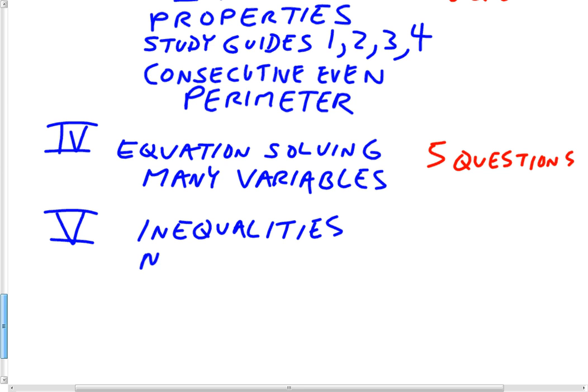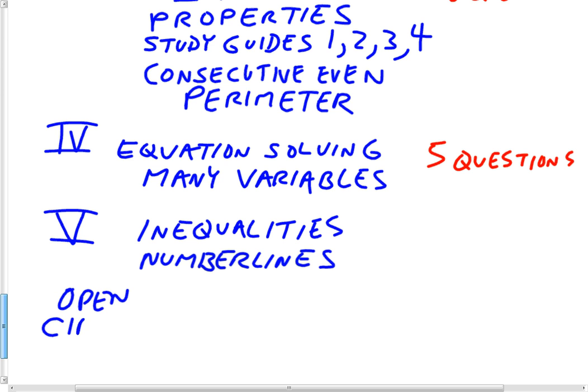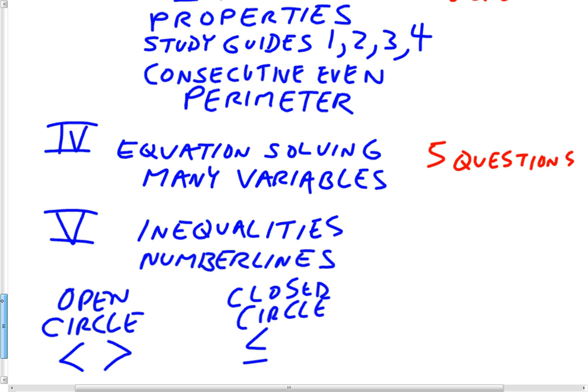Well, did we have number lines? What does an open circle mean? Greater than or less than. All right. Open circle was greater than or less than. What about a closed circle? Greater than or equal to and less than or equal to. Open circle, closed circle when we're dealing with the number lines.